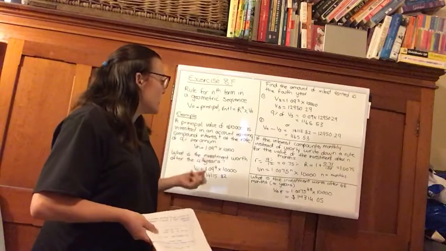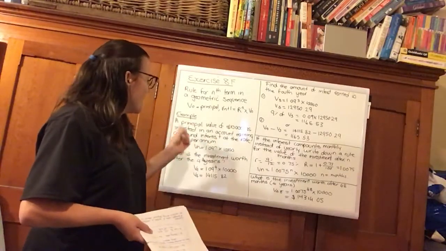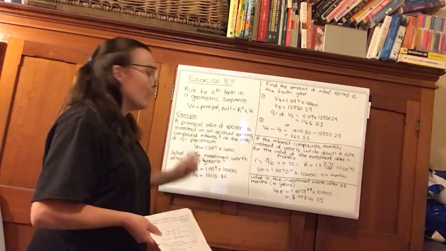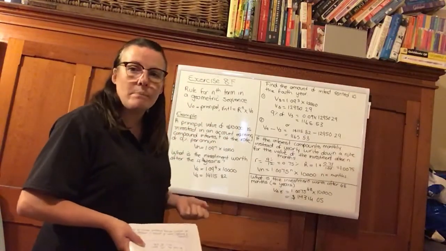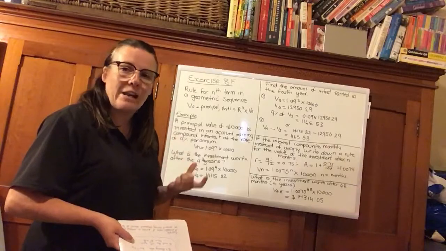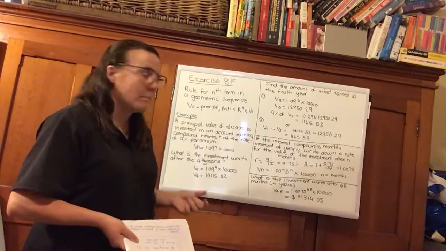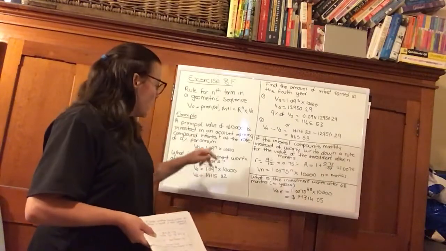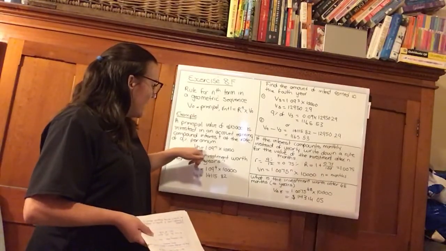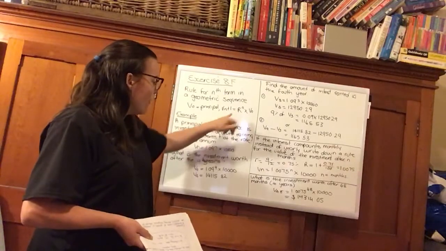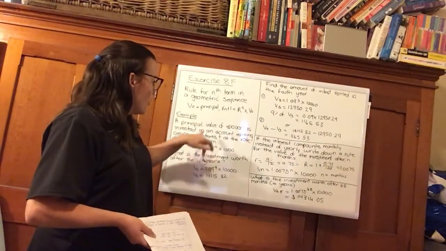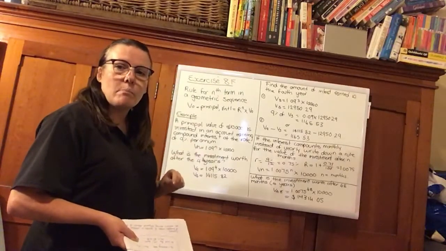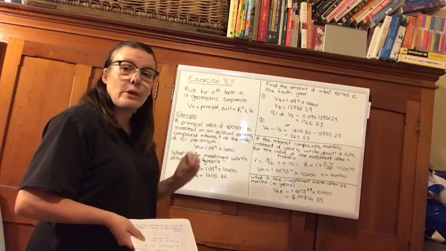Alright, so say we have a principal value of $10,000 and that's invested into an account earning compound interest at the rate of 9% per annum. So remember that the term per annum means per year. Okay, so the recurrence relation that we would use for this is Vn equals, so remember R is the rate, so 9%, if you divide 9 by 100, you get 0.09.